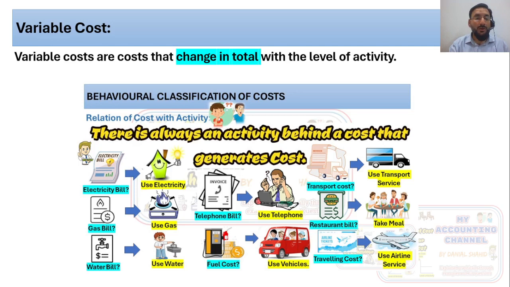So if a cost is changing due to the change in activity, means activity is increasing, then the cost is increasing, or the activity is decreasing, then the cost is decreasing, then this cost is variable cost.